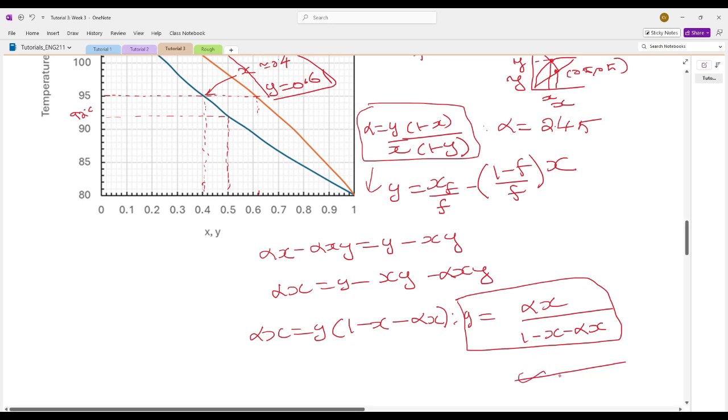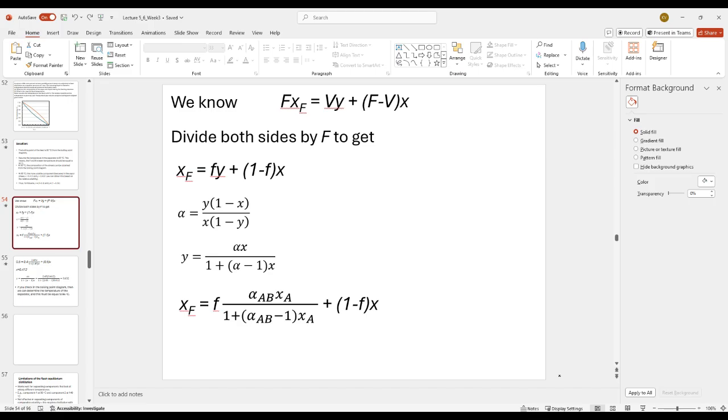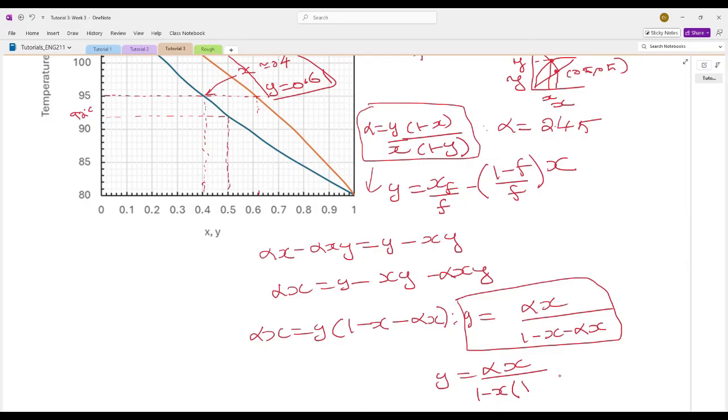So this equation can be written as y is equal to alpha x divided by 1 minus, I can take x outside, so 1 or alpha minus 1. I think that looks correct.